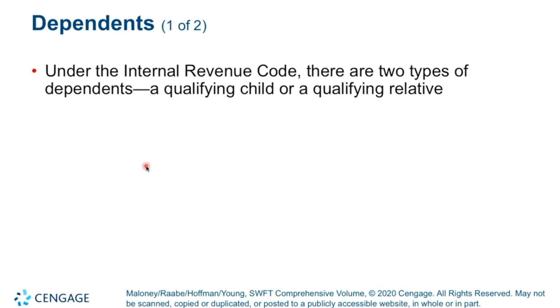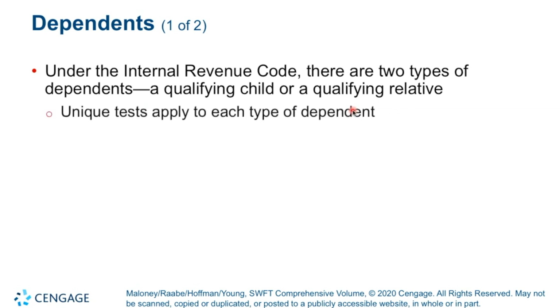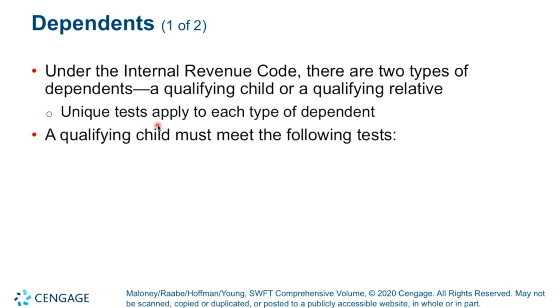For dependents, there are two sets of rules to qualify as a dependent. A dependent is someone that you take care of, or that a taxpayer takes care of, and they're called the qualifying child rules or the qualifying relative rules. There are overlapping tests, but with different criteria for each of these rules to qualify as a dependent.